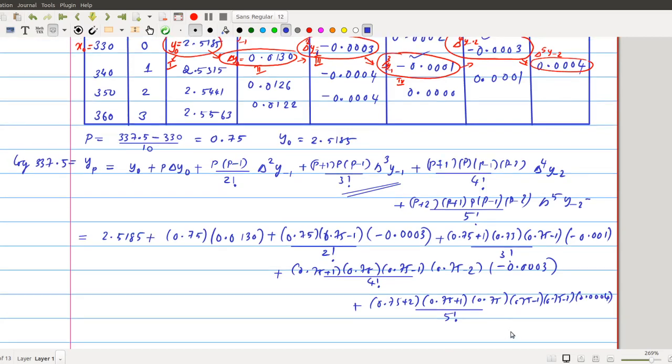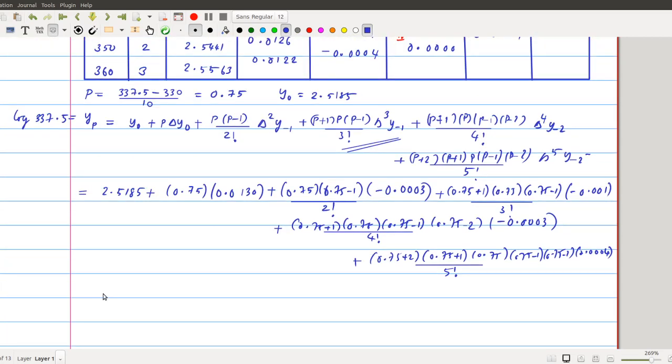Now you simplify this expression and you will get 2.5282.